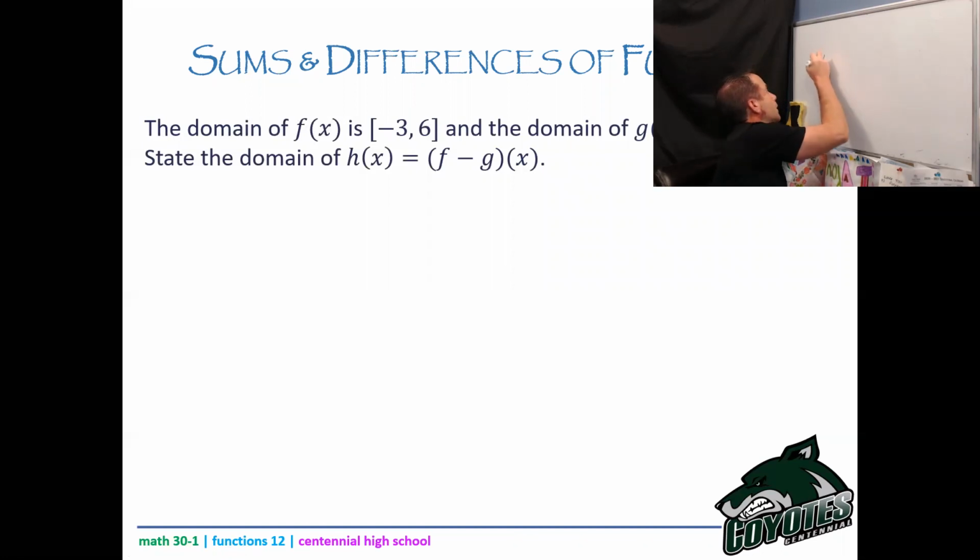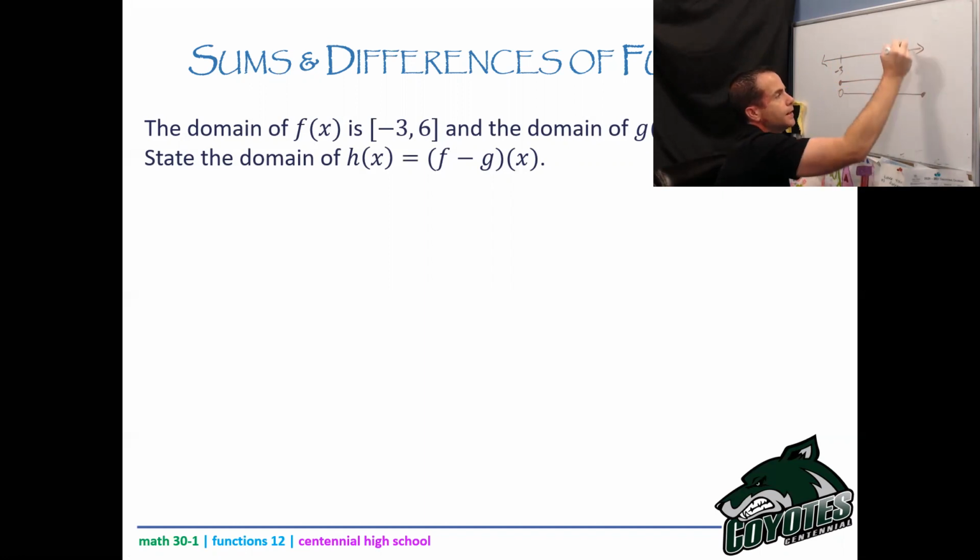So if I was to just draw this out for you quickly for a visual, on a number line, here's -3. The first function goes from -3 to 6, and I can be at both of them. The second goes from -3, but I can't be at -3, to 8.